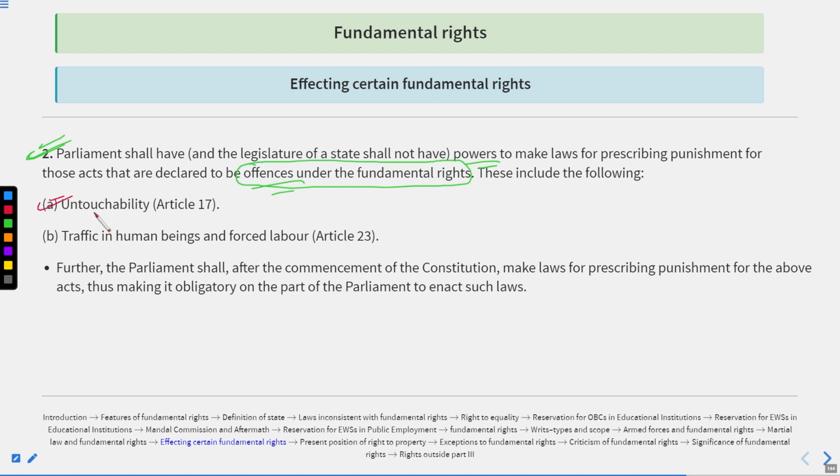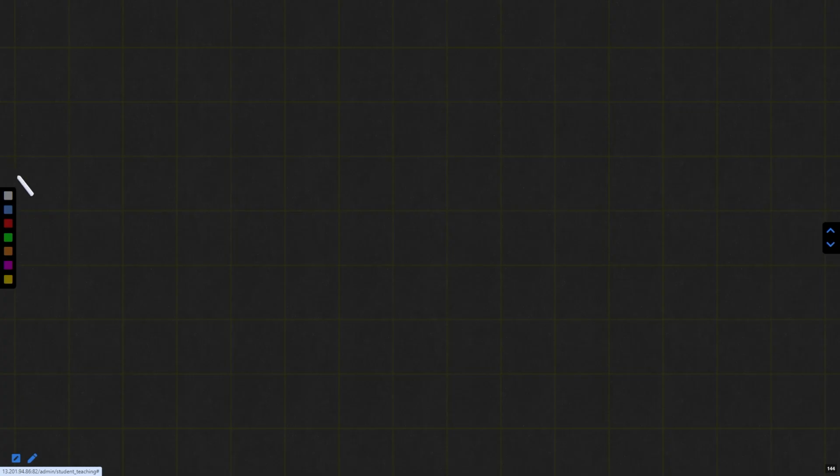And the first is untouchability, Article 17. Like we know, as per Article 17, untouchability must be restricted and prohibited in India. Now, if we're talking about untouchability, here I have a question for you all.